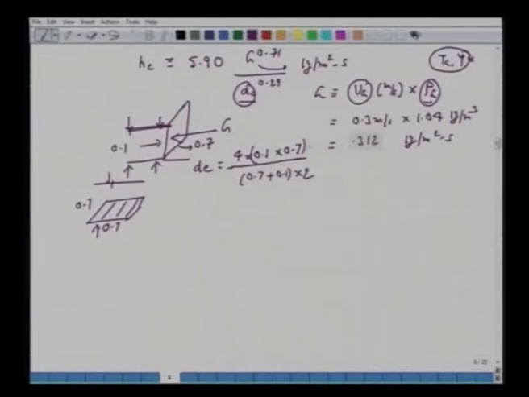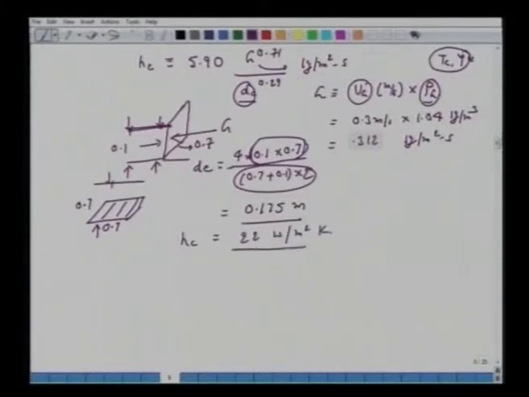So 4 times the cross sectional area divided by the wetted perimeter, 0.7 plus 0.1 twice, will give you 0.175 meter. And you put it here, direct substitution, and Hc is approximately 22 watt per meter square Kelvin.